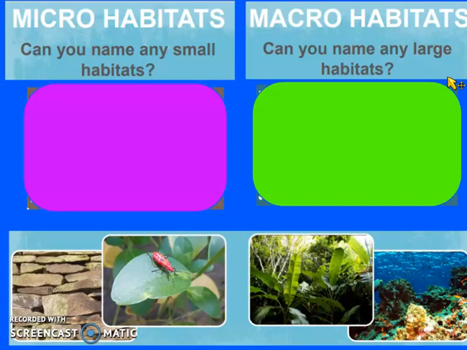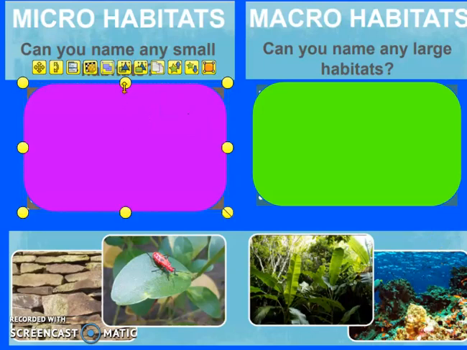What are the small habitats where, say, an insect might live? And then think about further afield in the wider community. Where are the larger habitats where, say, sea life might live? Can you think of any?